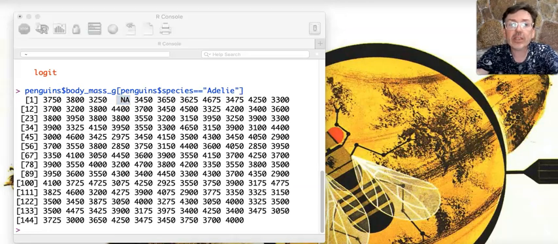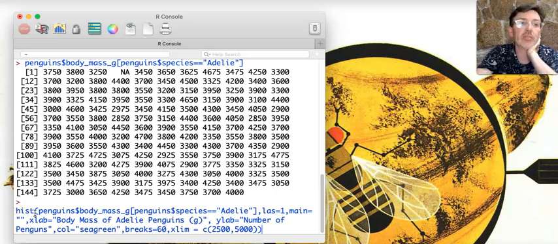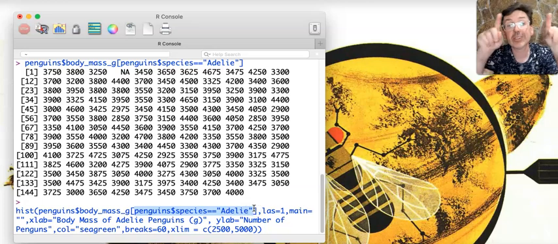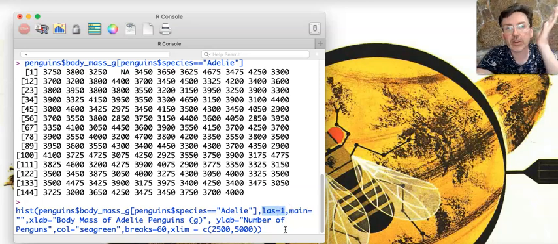Now, let's take a look at what that data looks like, because it's always important to plot your data before you begin. And this code here is going to show how we go about plotting that data. So we have the histogram function, the thing we're interested in, body mass, subsetted using the square brackets and the double equal signs. I'm going to rotate the y-axis numbers so they are easy to read.